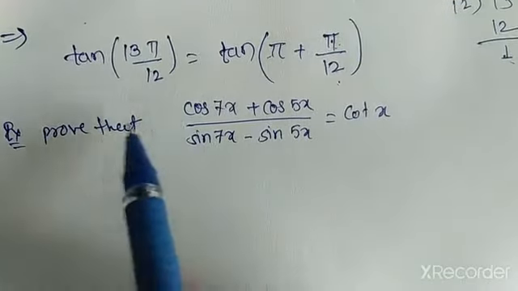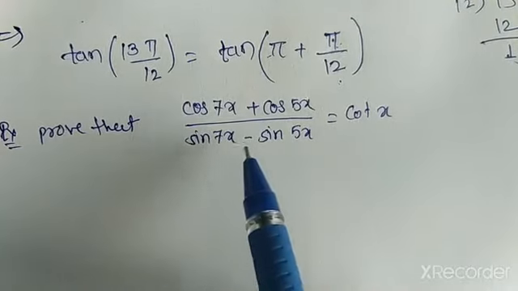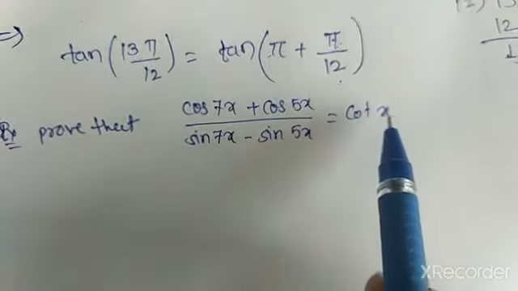Next example is: prove that cos 7x plus cos 5x upon sin 7x minus sin 5x is equal to cot x.